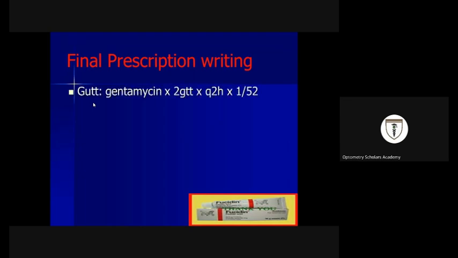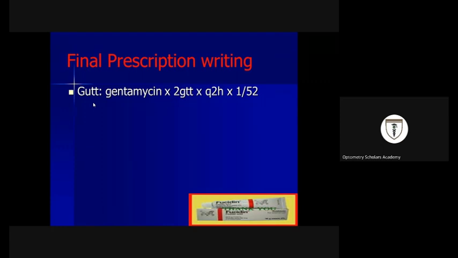So example number 1, you see gentamicin. Gentamicin is a generic name, but we have brands like Gentalab. So Gentalab is a brand name, so it's bad for you to write Gentalab.